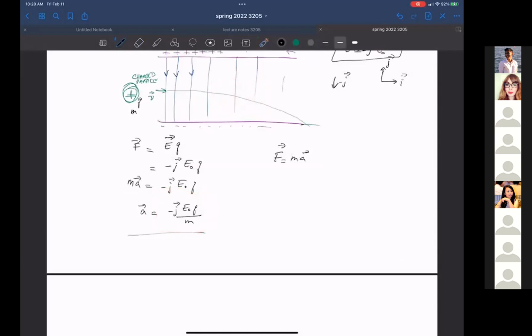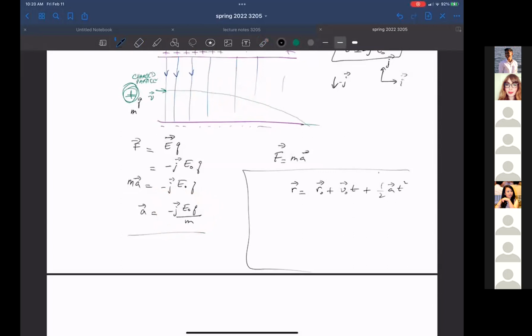Now I'm just going to put a sidebar here. Remember that the distance is initial distance plus velocity times time plus 1/2 A T squared. Just reminding you guys of all this sort of mechanics.